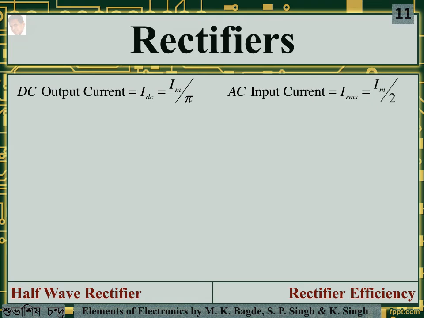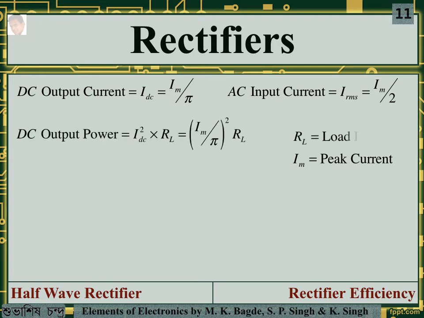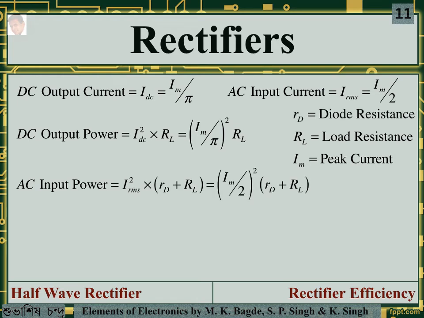Now the DC output current for a half wave rectifier, IDC, is Im by pi, and the AC input current to that circuit is IRMS, which is equal to Im by 2. This Im is the peak current. The DC output power across the load resistance RL is given as IDC square into RL. The AC input power to the circuit is IRMS square into RD plus RL, where RD is the diode resistance.